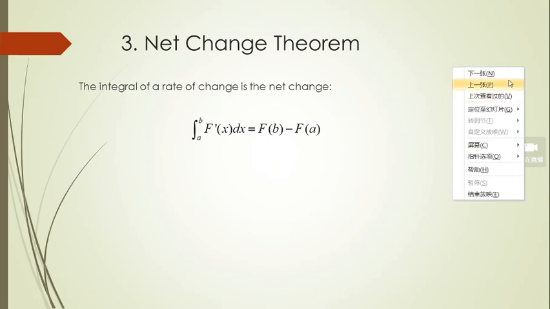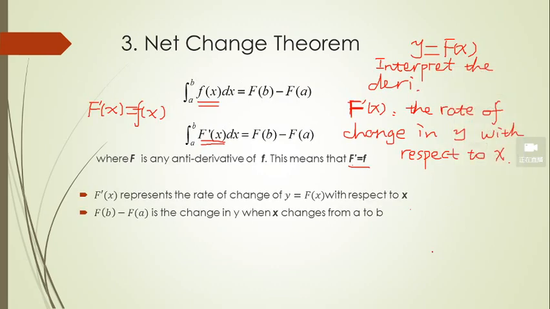So here the F prime represents the rate of change of y, F(x), with respect to x. How do we interpret it if we replace this small f?